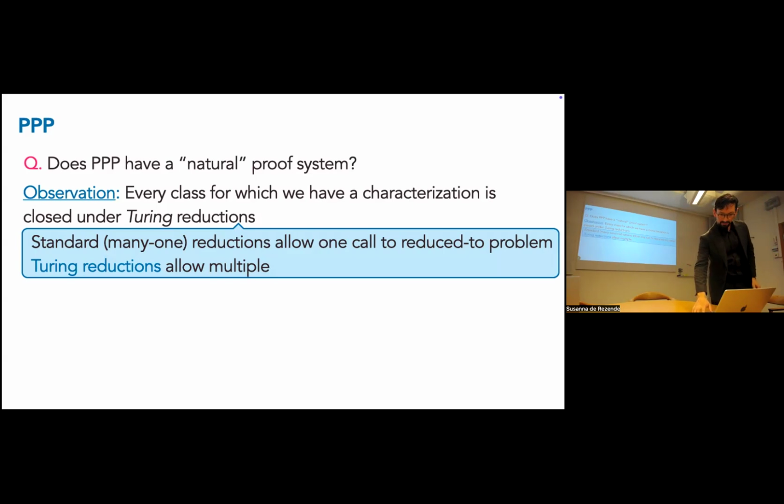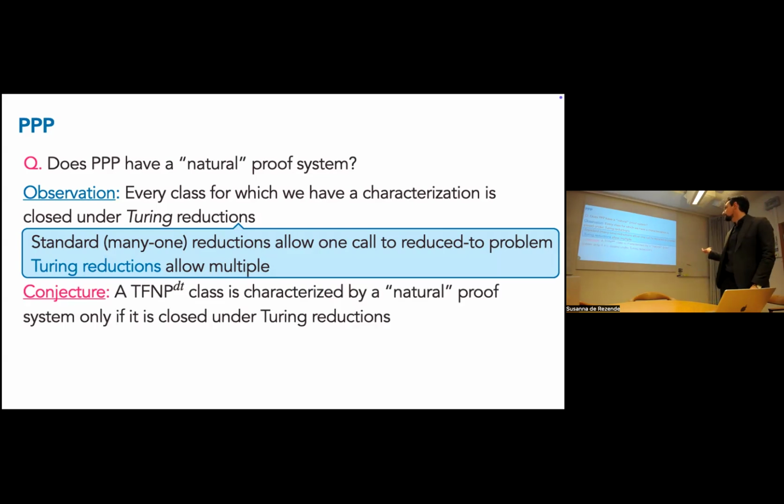Okay. And a conjecture that I'd like to know the answer to is, for a TFNP class to be characterized by a natural proof system, and I don't have a great definition, this is sort of a definitional problem, but does it have to be closed under Turing reductions?